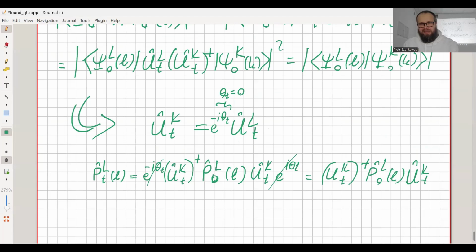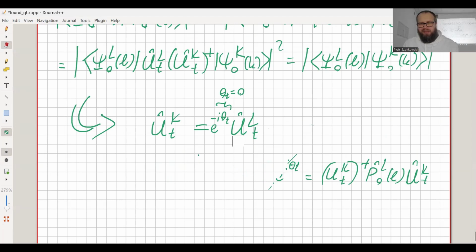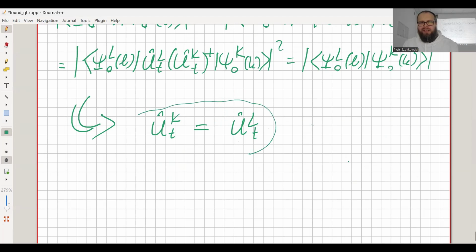So we don't need to think about an additional phase. The conclusion is that the same transformation that changes time for the observable K, the dynamical law for observable K, is actually good also for any coarse grain observable K and any other fine grain observable, and by extension any coarse grain version of those other fine grain observables.